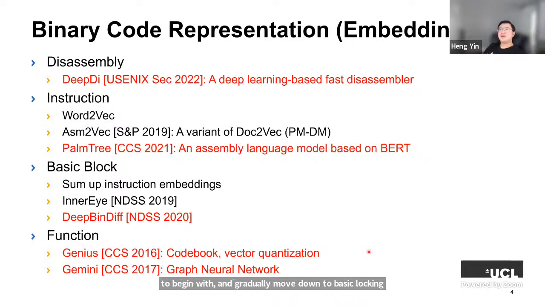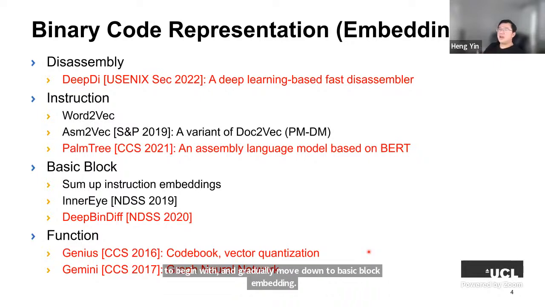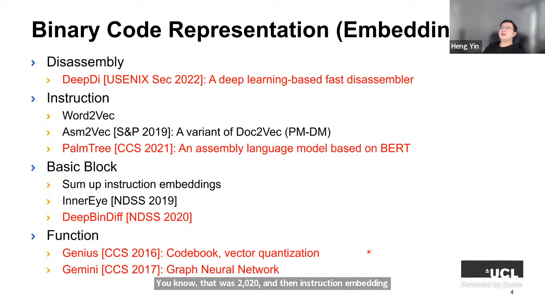That was 2020, and then instruction embedding, and in the end, disassembly. So I just want to share that we look at this problem in a retrospective manner. But in the end, we would like to show you at least one design that we have for this whole binary code representation learning architecture.